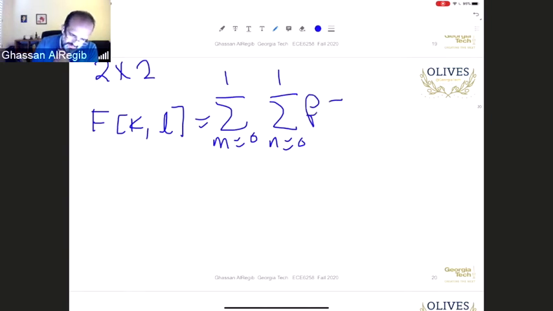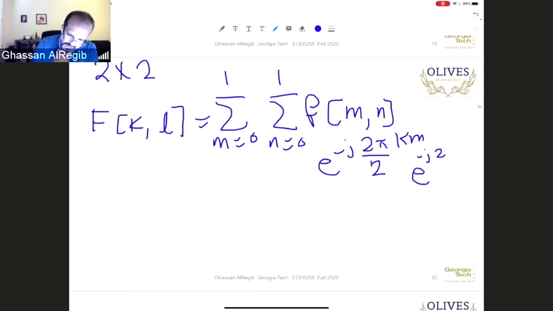And then I have f of m and n. Then I have e to the negative j 2 pi km, and capital M is 2. And then multiplied by e to the negative j 2 pi ln, the capital M is 2 again.